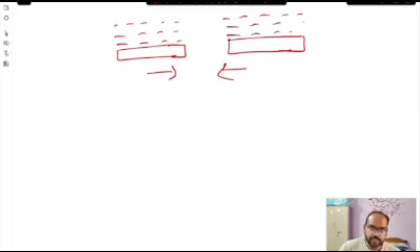So what happens next? When they move towards each other, the denser plate will subside down.